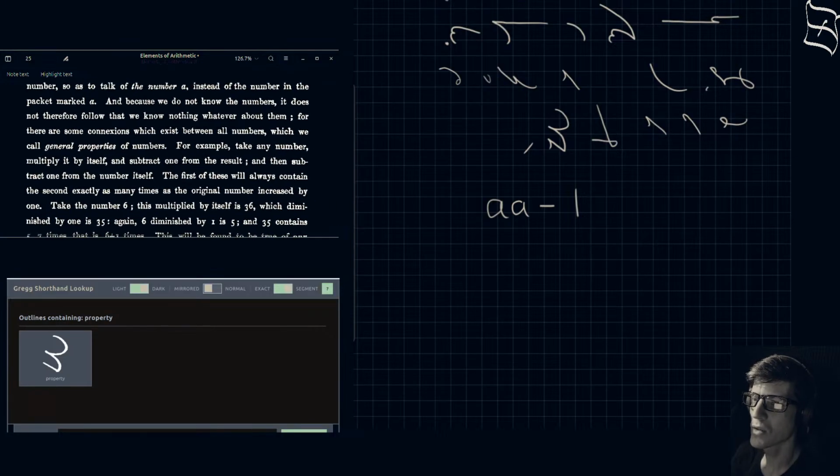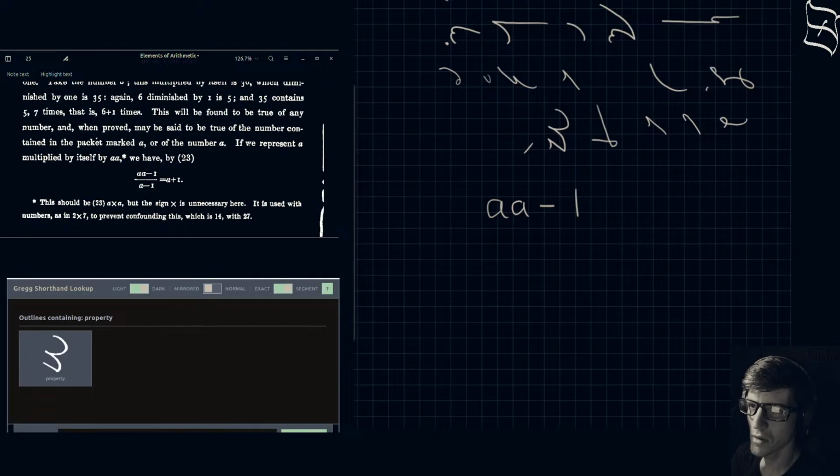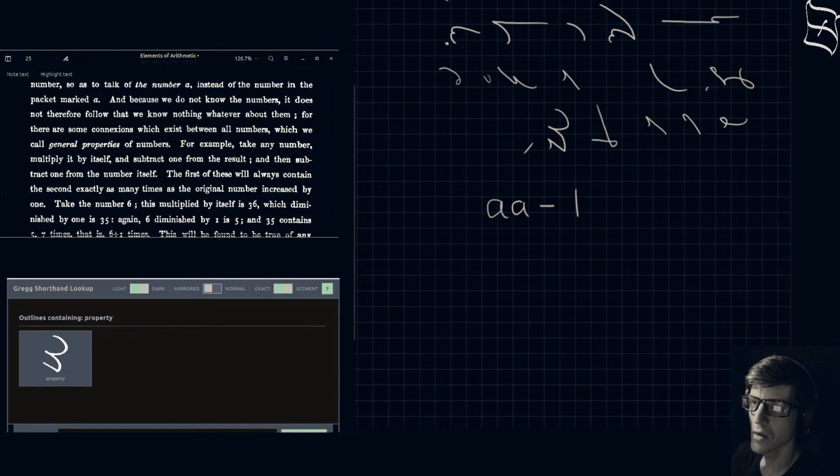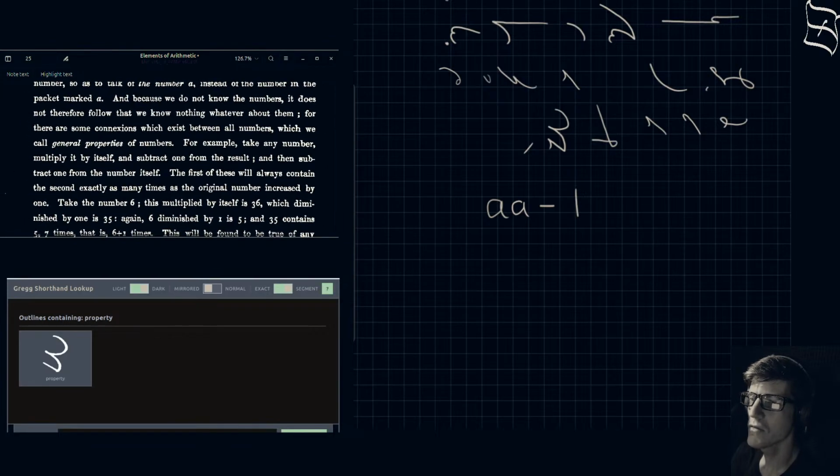The first of these will always contain the second exactly as many times as the original number increased by 1. So that's what it means here.